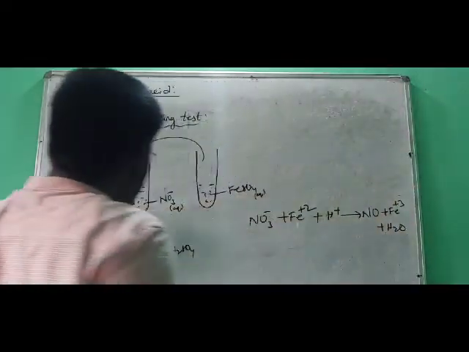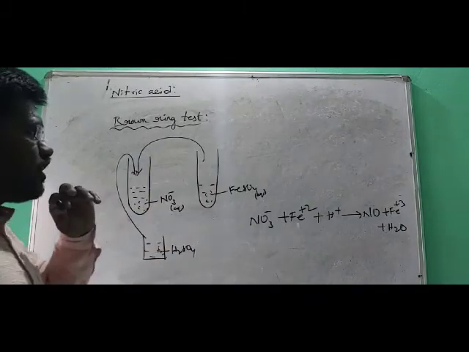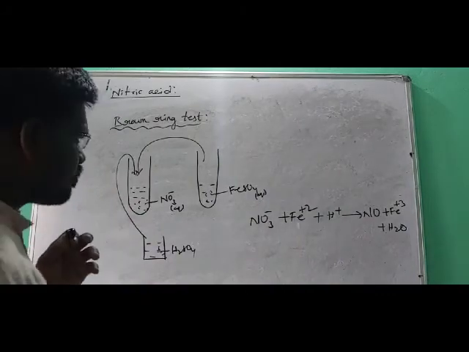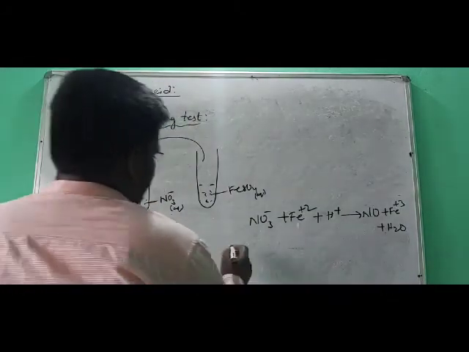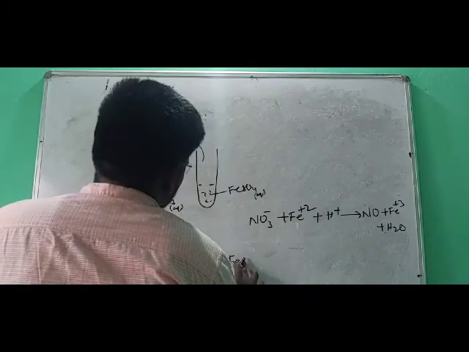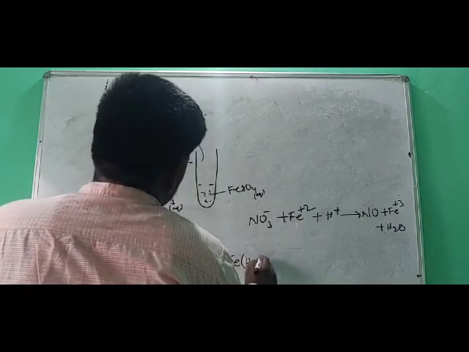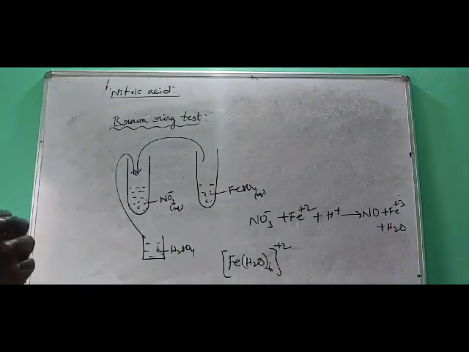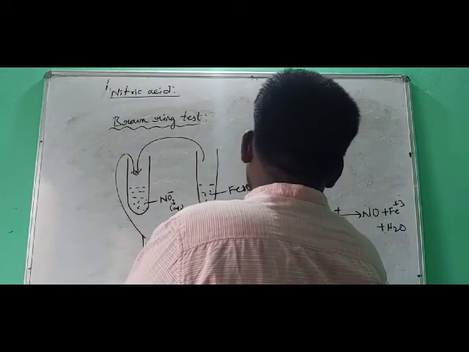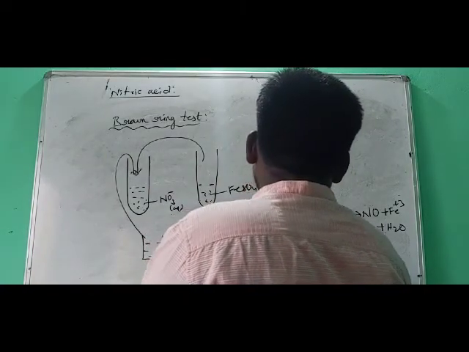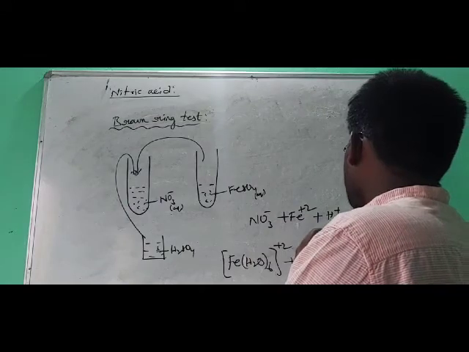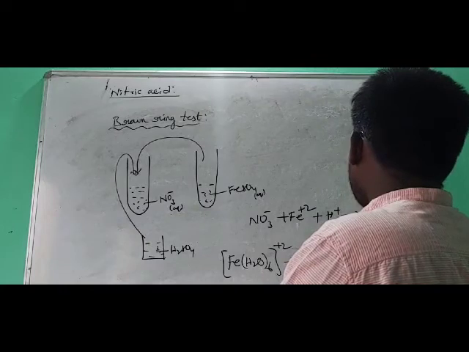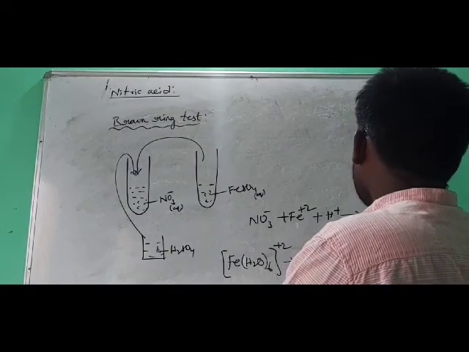So now in this solution we have added FeSO4, and with the water FeSO4 forms an aqua complex, that is Fe(H2O)6 with a +2 charge. Now NO reacts with this and gives Fe(H2O)5·NO with +2 charge.